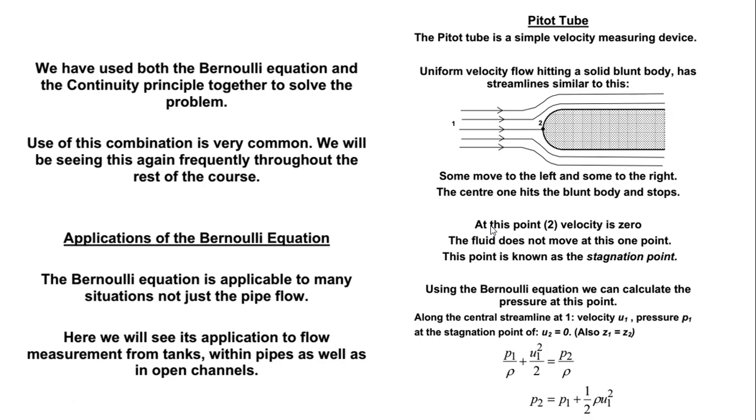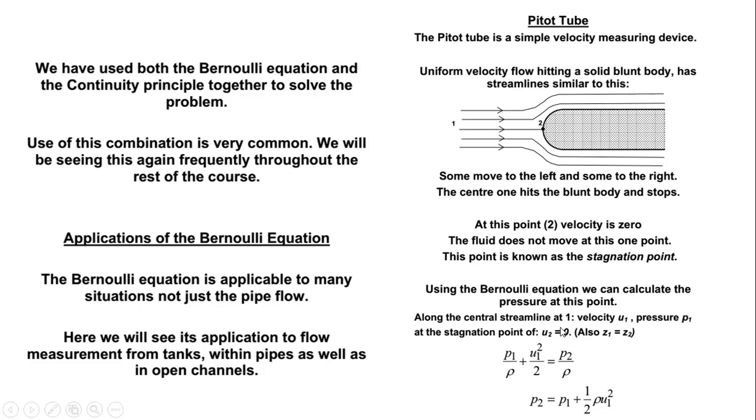Then we can apply the Bernoulli equation in a pitot tube, which means we have got section 1 and section 2. For section 2, we have what is known as the stagnation point, which is point number 2. What it means is the velocity at 2 is equal to 0. Then they are in the same horizontal plane, which means Z1 is equal to Z2.